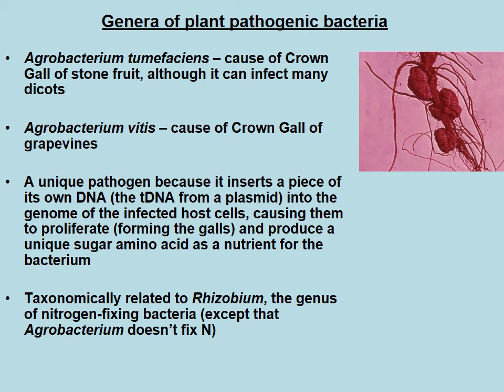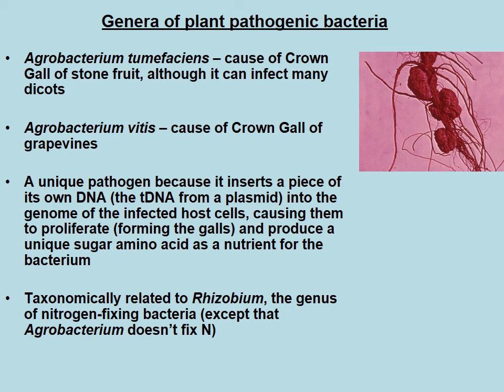Okay, now we're going to look at some of the important genera of plant pathogenic bacteria, starting with Agrobacterium. Agrobacterium tumefaciens is the cause of crown gall of stone fruit, although it can infect many other dicots.